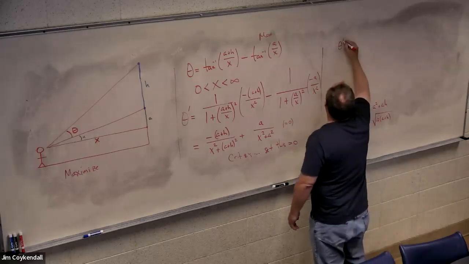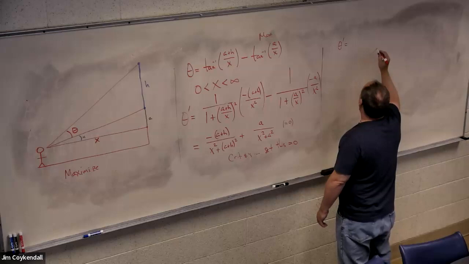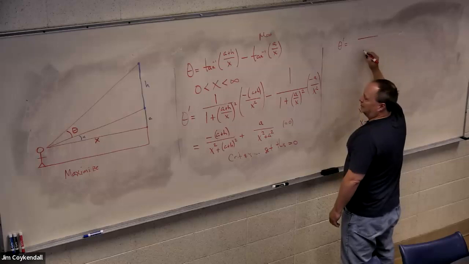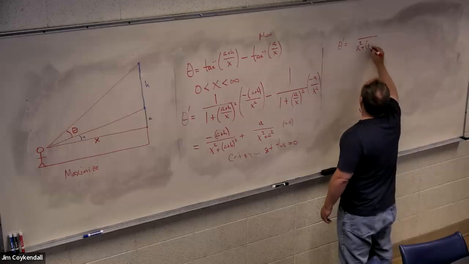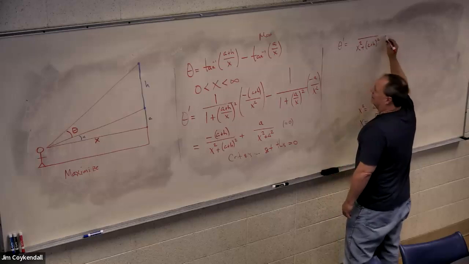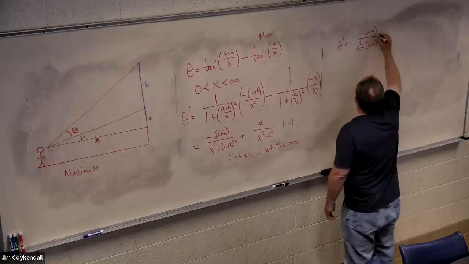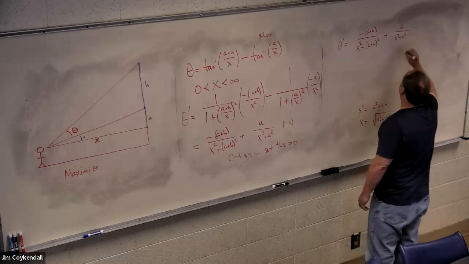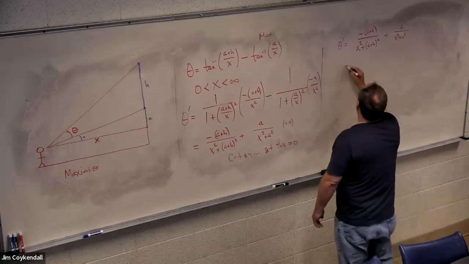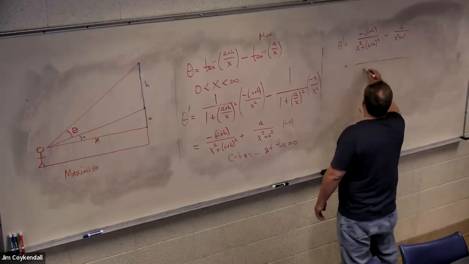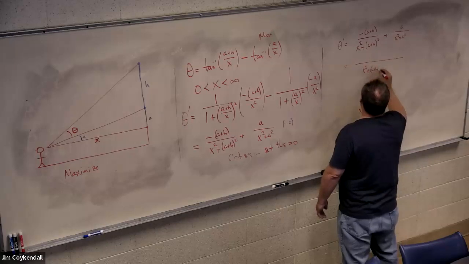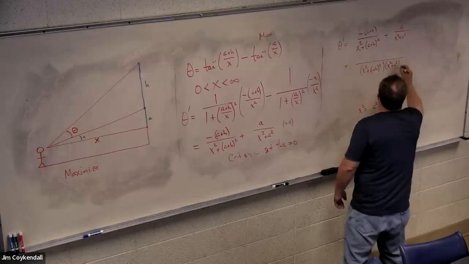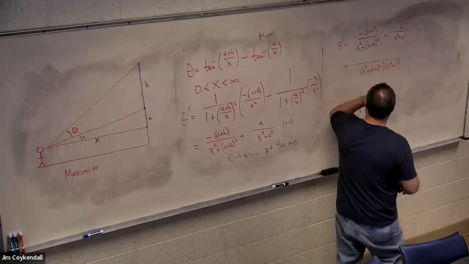Theta prime is this thing, which is, well, let me run that. x squared plus a plus h over x squared plus h. Well, this is equal to x squared plus a plus h squared times x squared plus h. I've got a common number.